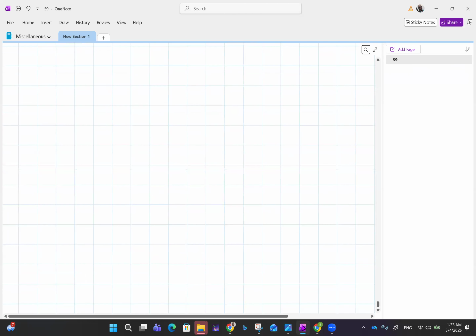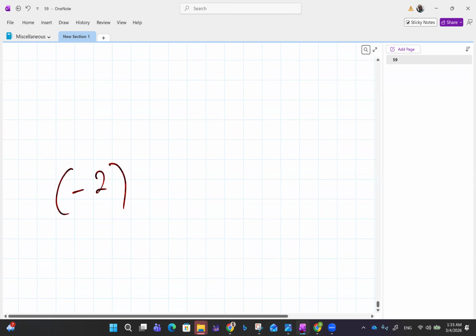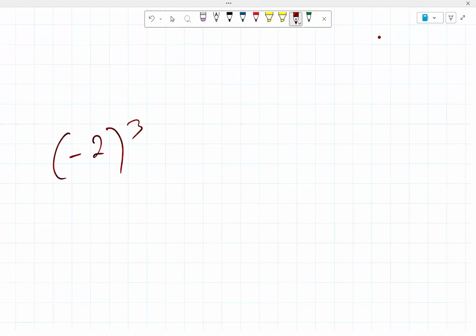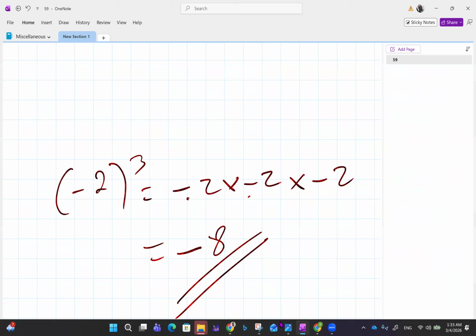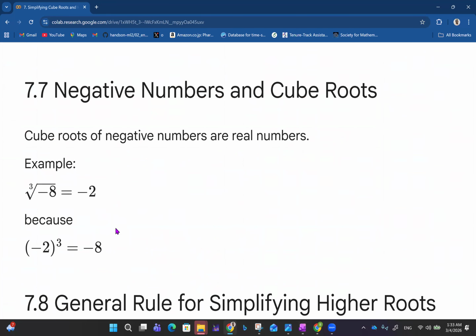We know that -2 raised to power 3 is -2 times -2 times -2. Minus times minus is plus, plus times minus is minus, 2 times 2 is 4, 4 times 2 is 8. So -2 raised to power 3 is -8.